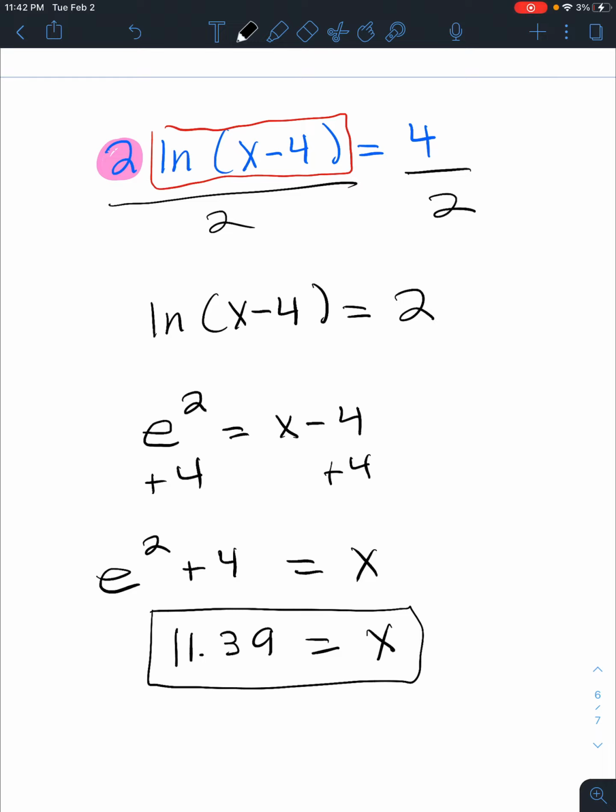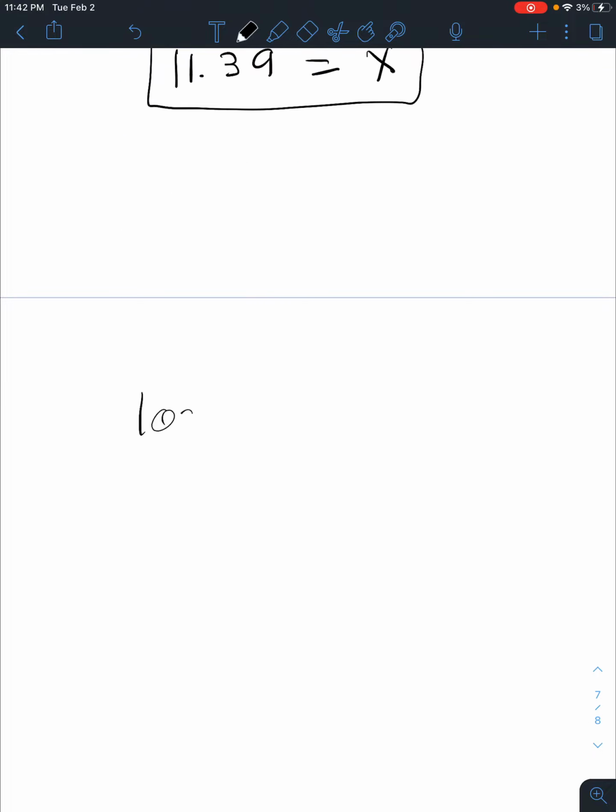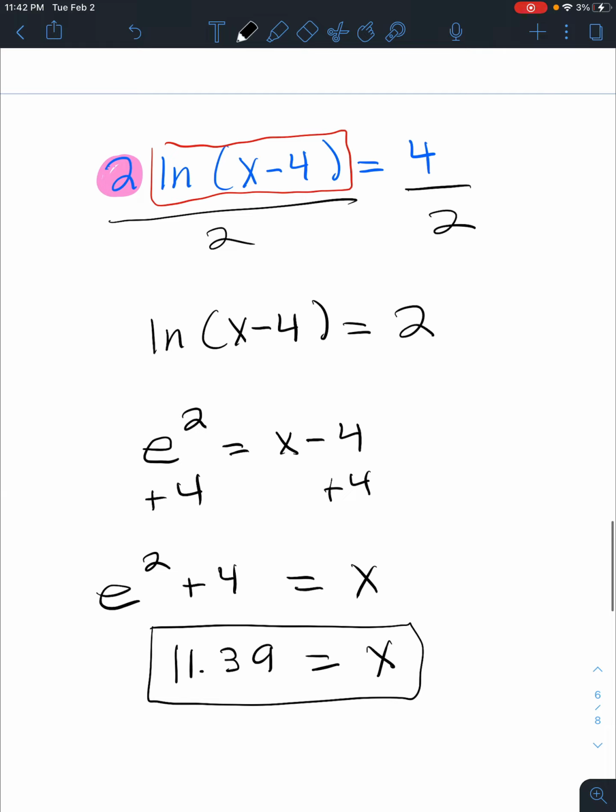So I would really advise that you review that as well. Because if you struggled with the past material, like solving log base 2 of x plus 4 equals 10, it is understandable why you would have trouble solving something like that.